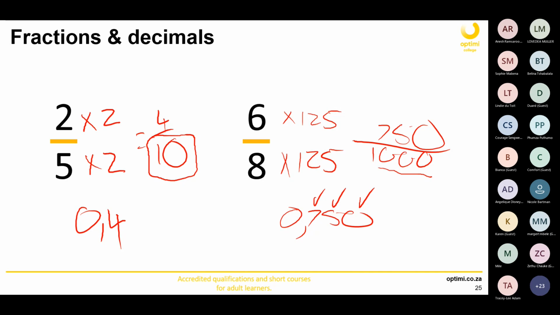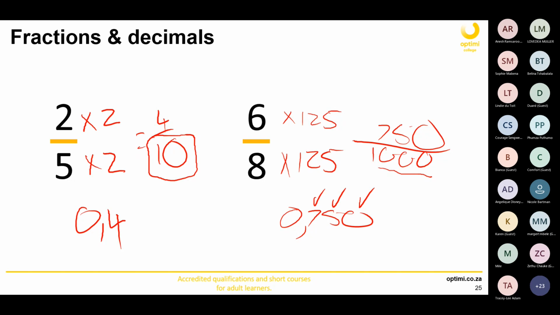If it gave you a decimal, let me tell you a trick here. You could have said 8 times 1,25 is 10, and then just multiply by 1,25 at the top as well. But I don't want to teach you that because now we're mixing decimals with fractions and that becomes a bit of a slippery slope.